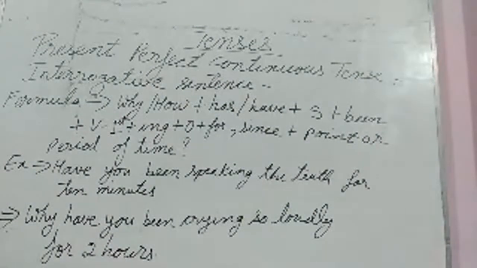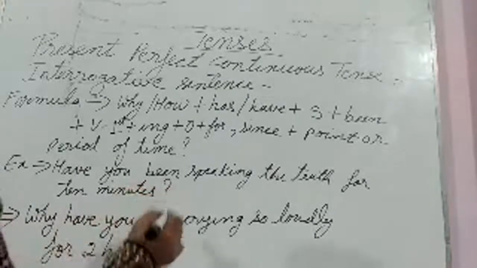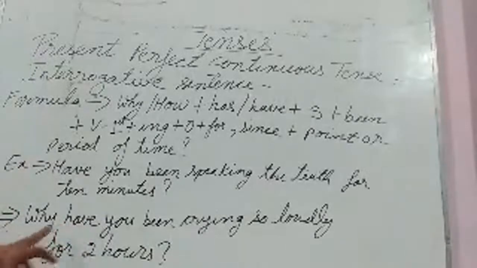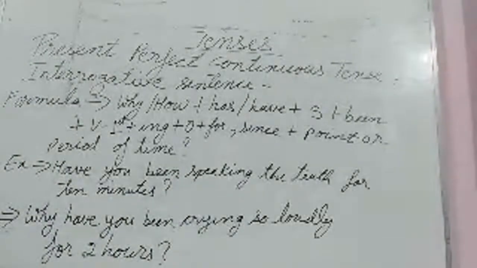The sentence is, why have you been crying so loudly for 2 hours? Okay, again, this is interrogative. Sorry, I haven't placed the question mark over here. A question mark is required. Okay, so why have you been crying so loudly for 2 hours?